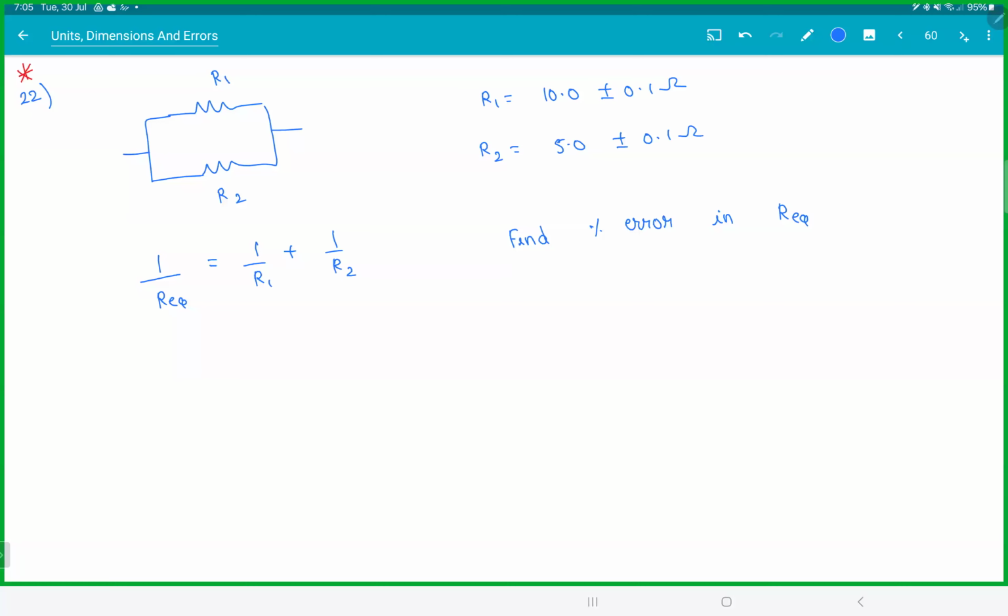Listen, I'll show you one. Now these kinds of things, this is the thing we use: differentiate on both sides.